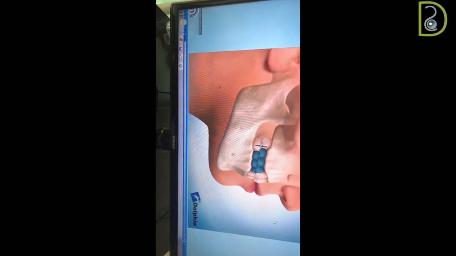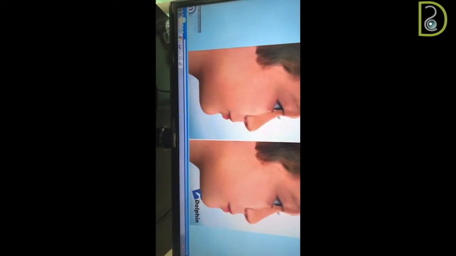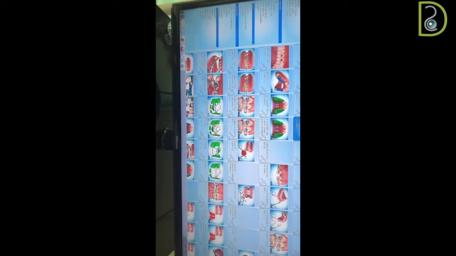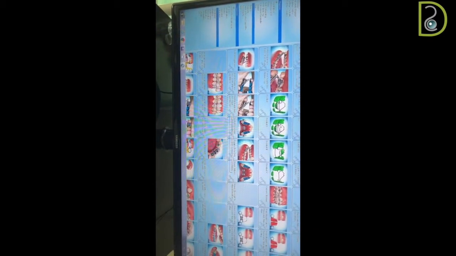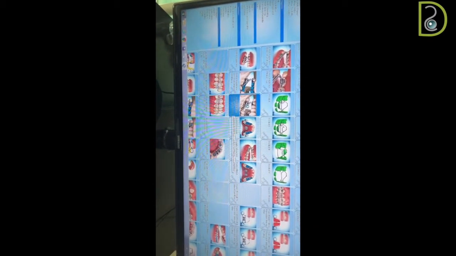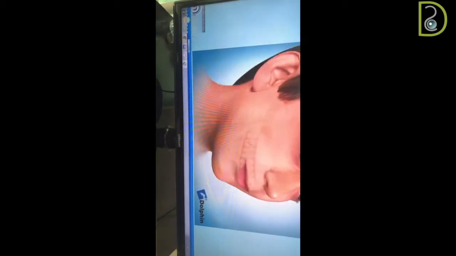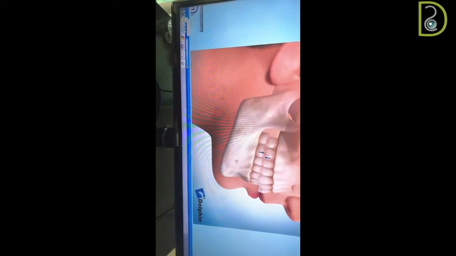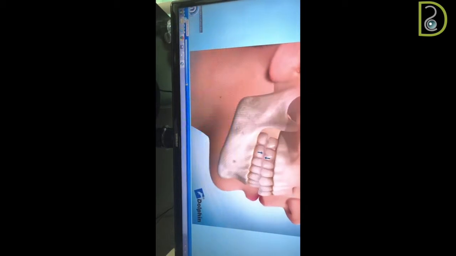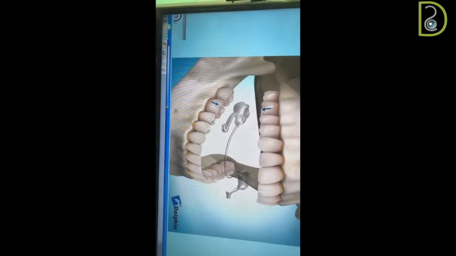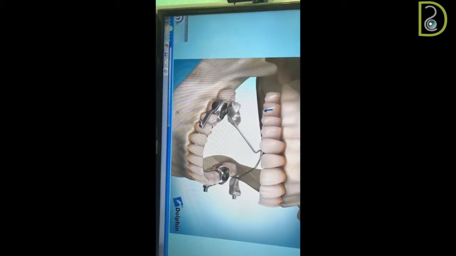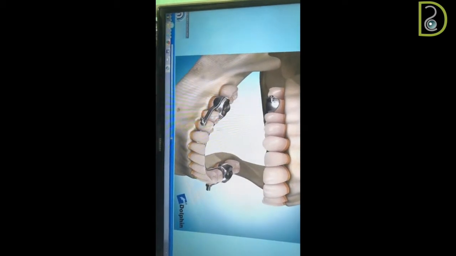And there are multiple appliances, okay? Now, there is the other one, the Herbst appliance. It's bulkier and bigger. It needs lab support. And it has a band and a TPA in the upper, lingual holding arch in the lower.